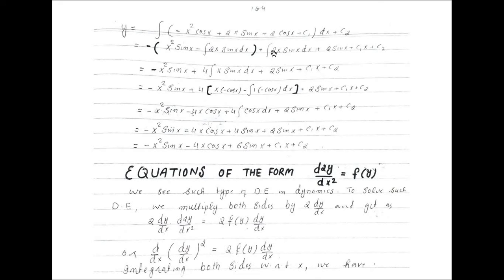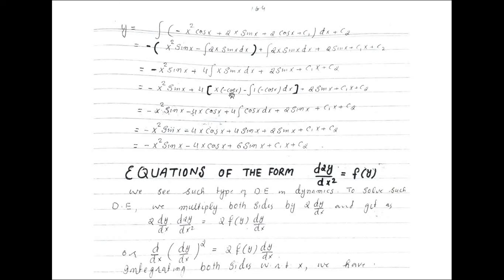Now these two integrations we have added these two terms which are here. Now we have to use integration by parts on these two functions. So first function integral of sine which is minus cos, derivative of x which is 1, and integral of sine which is minus cos.